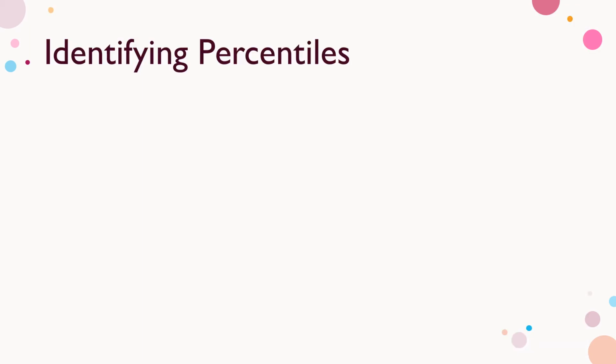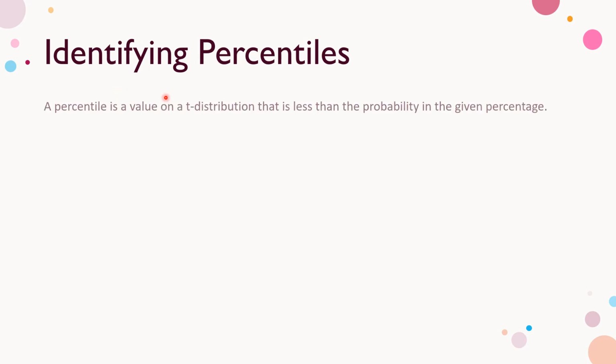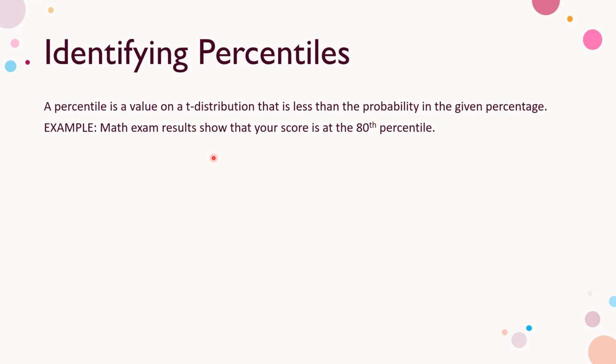The next topic here is identifying percentiles under a t-distribution. So a percentile is a value in a t-distribution that is less than the probability in the given percentage. To illustrate percentile, we have here an example. Math exam results show that your score is at the 80th percentile.